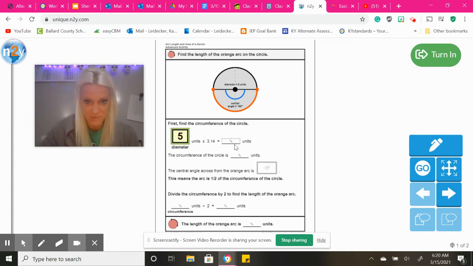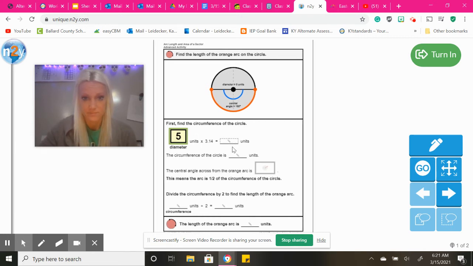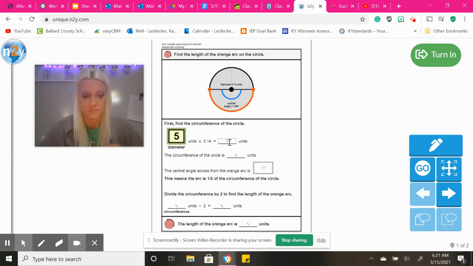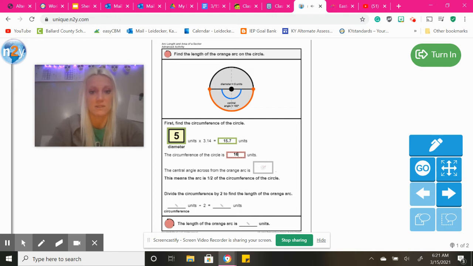And I got 15.7. Okay, 15.7. So the circumference is 15.7.